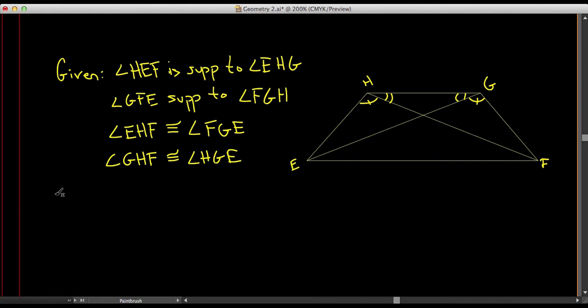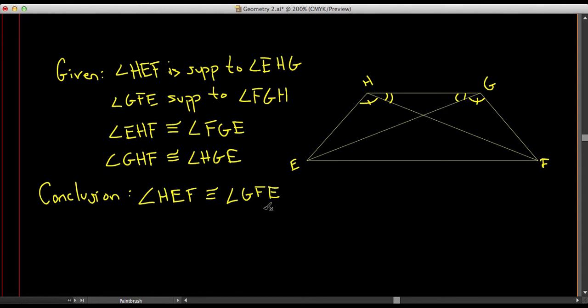So how are we going to conclude that angle HEF is congruent to angle GFE? How are we going to do that?